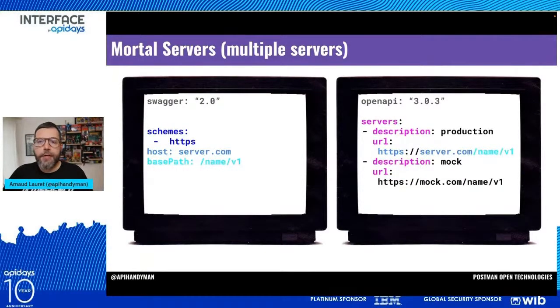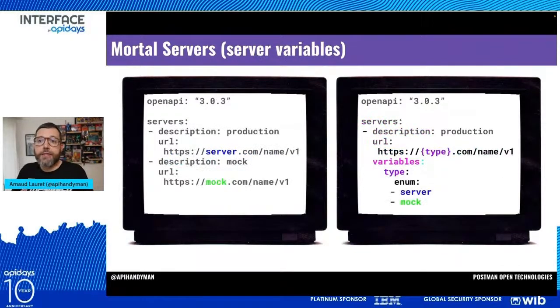Regarding where your API is hosted, in Swagger 2, you had at the root level three properties: schemes, host, and basePath, which allow you to define where your API is exposed, but you can define only a single point of exposition. In OpenAPI 3, you can define as many points of exposition as you want, one to many, which is interesting. For example, you could have a production server, a mock server, a qualification server, or whatever.